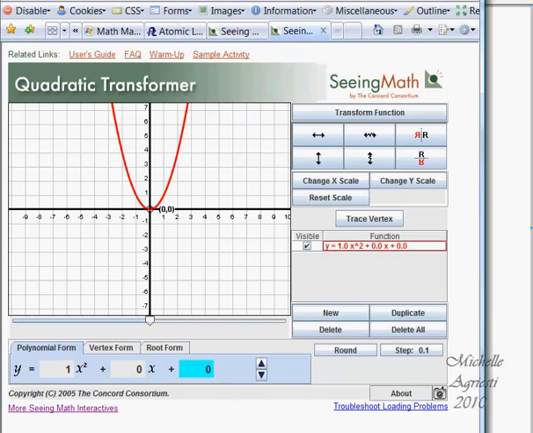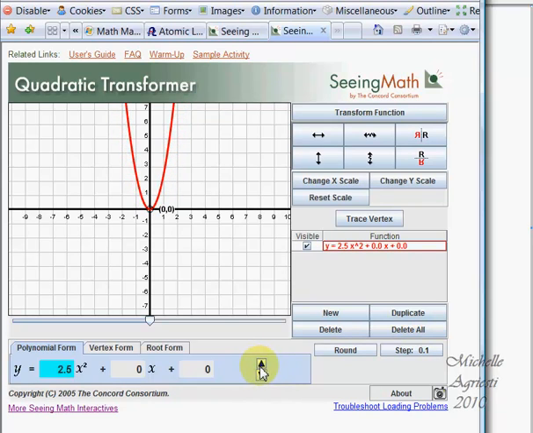Okay, here it is. This one's nice because we can watch what happens in real time. Right now I have y equals 1x squared plus 0x plus 0, which is basically y equals x squared, our parent. Now watch what happens as I increase the 1. See the graph get narrower? If we decrease it, it starts getting wider again.